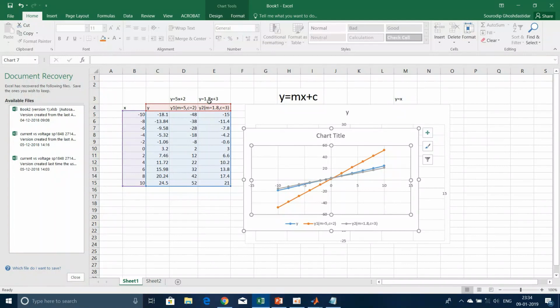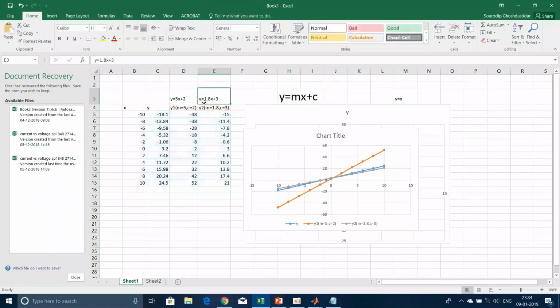It could go even better than that, but this is just the beginning. So you see, MATLAB knows how to change m from 5 to 1.8, c from 2 to 3.